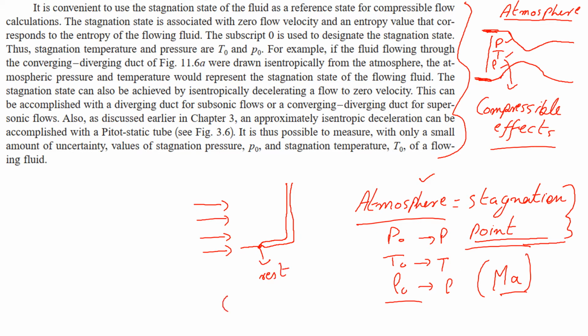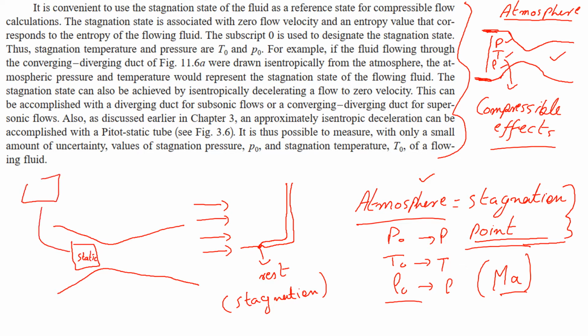So that point was also known as the stagnation point, and that pressure was known as the stagnation pressure. So when a converging diverging nozzle like this is sucking in the air from the atmosphere, the conditions inside the nozzle are not static as compared to the outside atmosphere, which are quite static.